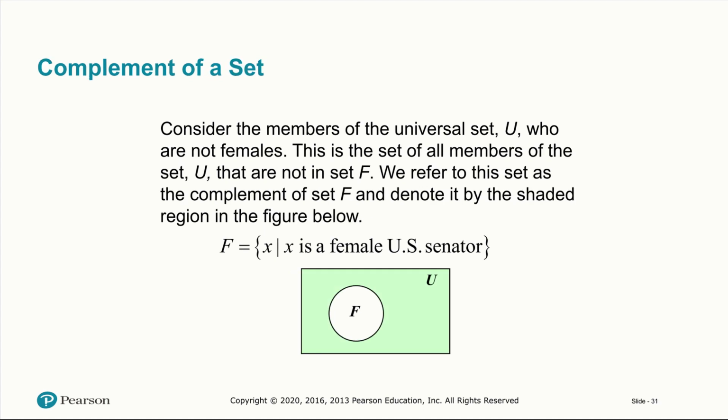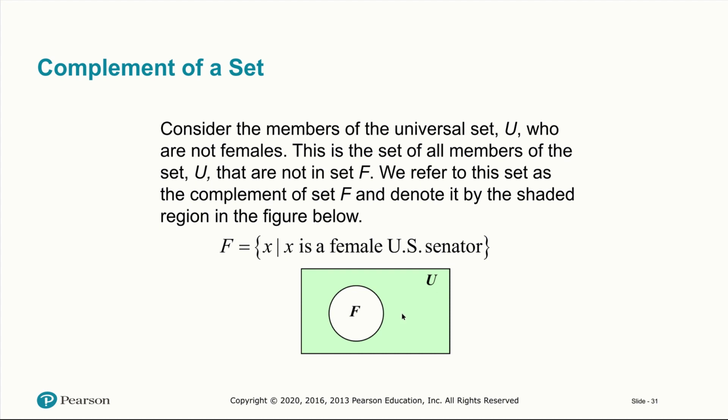All right, so one type of set which is of great interest to us is the complement of a set. Basically, if you're dealing with a set, such as in this picture, which is the set of females within the Senate, then of interest to us is the set of all elements that are not female. So this would basically include the males in the Senate, or non-binary as it may be referred to today.